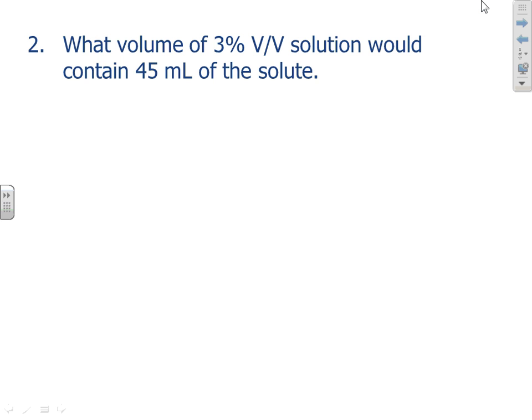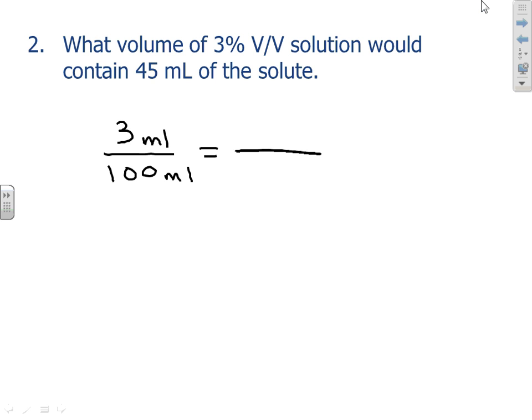That tells me that I have 3 milliliters, the V, per 100 milliliters of this solution. So there's 3 milliliters of solute per 100 milliliters of solution.